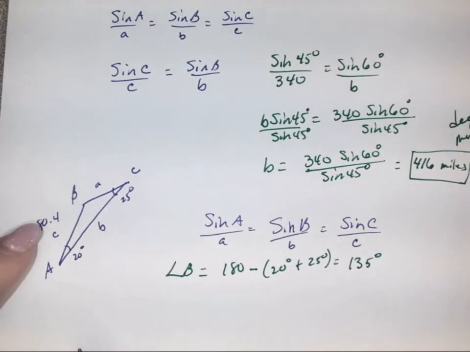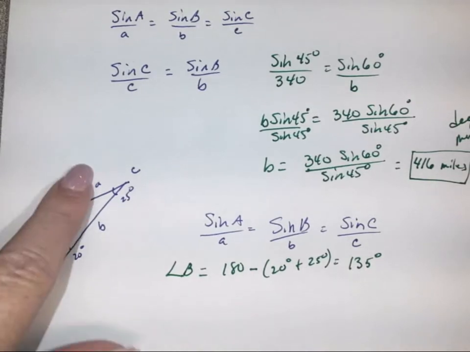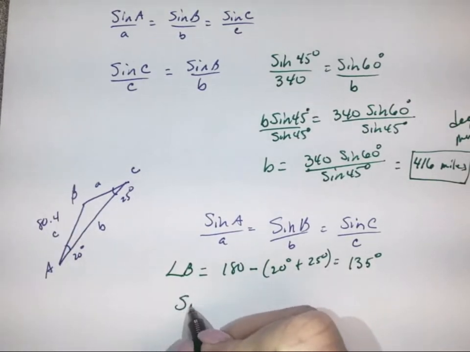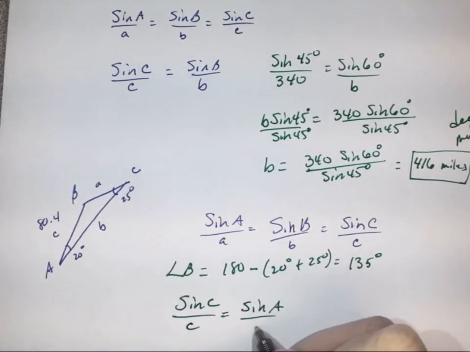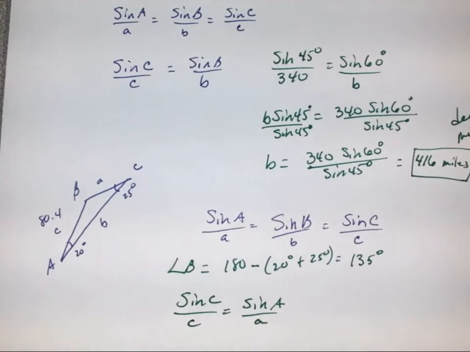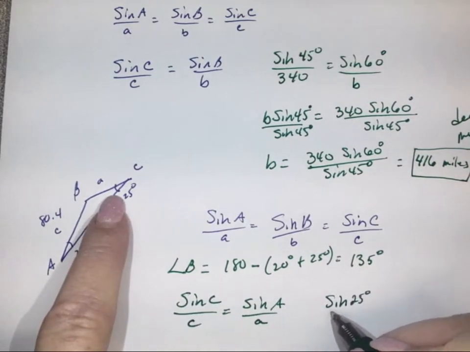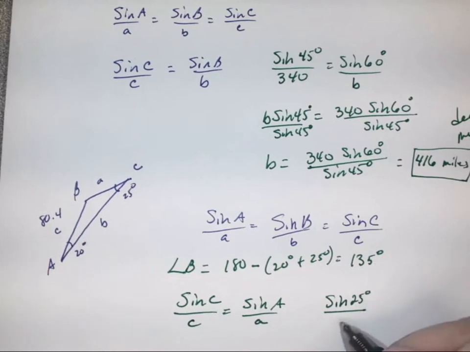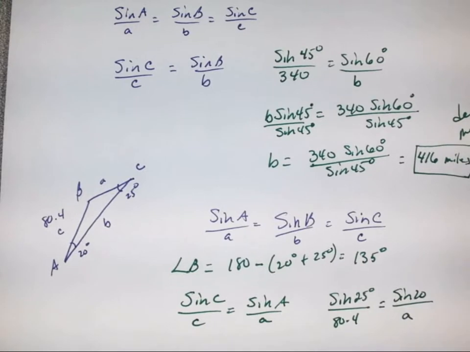So I have an angle C and I have a length of C. So let's go find the side of A. So I'm going to use the sine of C divided by C is equal to the sine of A divided by A. So this will get us the sine of angle C, 25 degrees, divided by the length of C, which is 80.4, will be equal to the sine of 20 divided by little a.